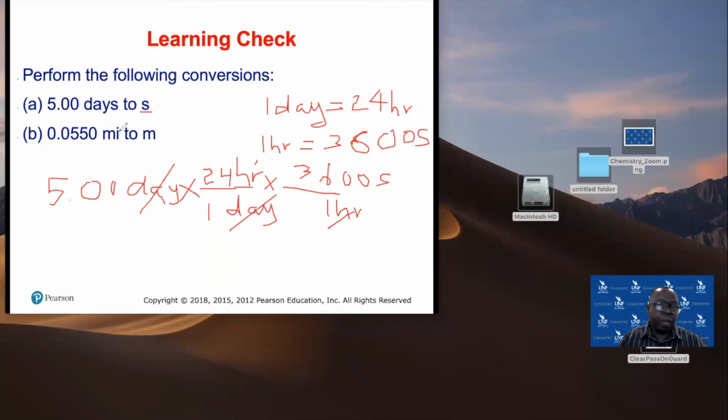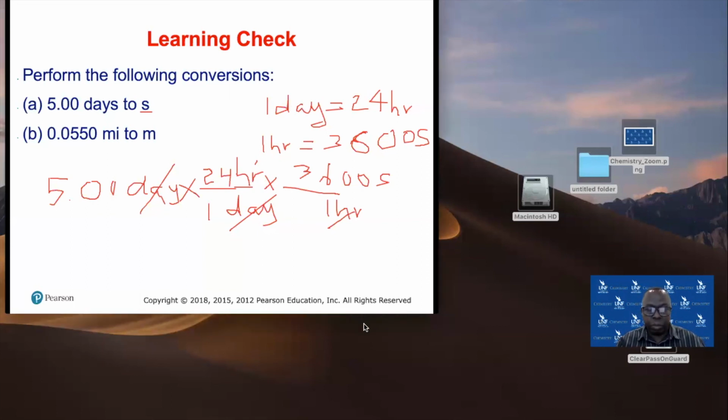You can say 1 mile equals to 1.62 kilometers, and then 1 kilometer equals to 1,000 meters, and then you do the same setup and express your final answer with the correct number of significant figures. So that's how you use the factor label method. For most calculations you will encounter, even in chapter 10, you'll make use of conversion factors derived from the equivalent statement.